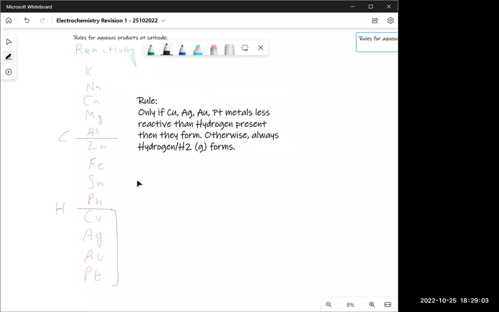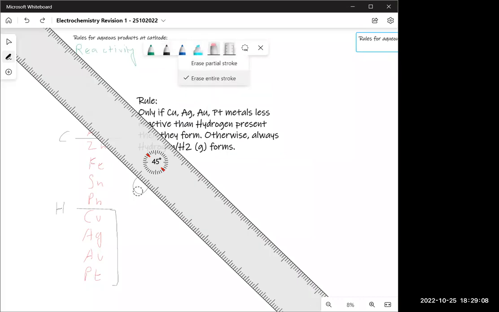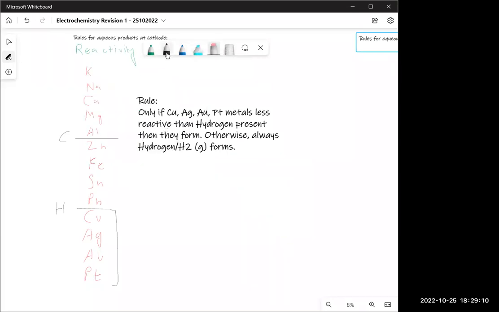So I'll give you the question again. Now this time I want Mavadda or Najla to answer. The question is, if I have copper and I have H+, which will form at the cathode, Cu2+ or copper?